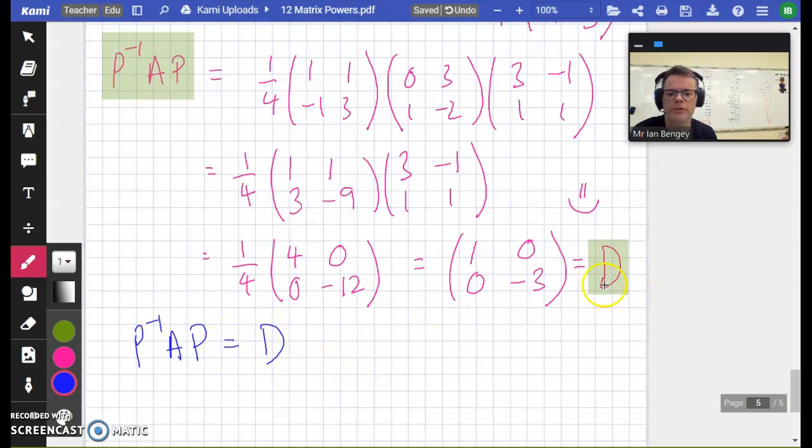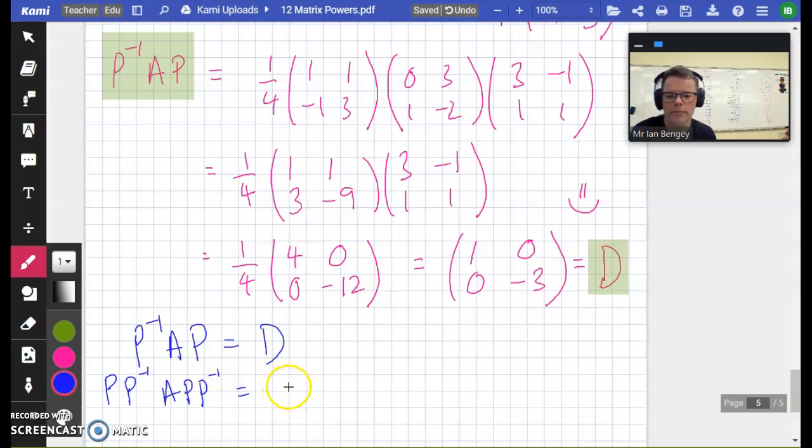Now, if you know a bit of matrix algebra, we can pre-multiply by the inverse of P and post-multiply by the inverse of P. So let's do that. Let's pre-multiply by P, both sides, and post-multiply by the inverse of P, both sides, of course.